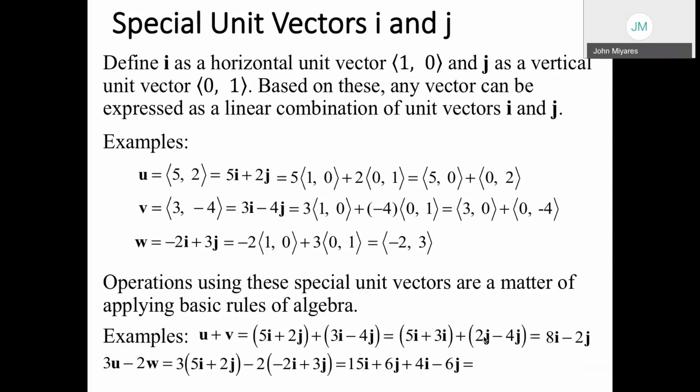Distributing there will give us 15i + 6j + 4i - 6j. Combining together the like terms will give us 19i + 0j, which, since 0 times anything equals 0, we could simplify as just 19i.